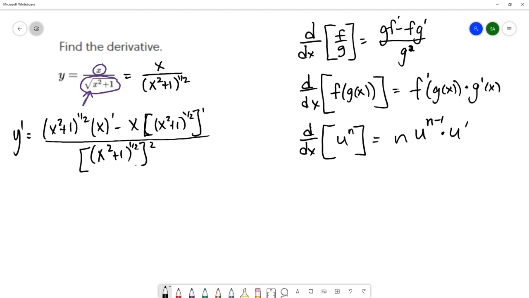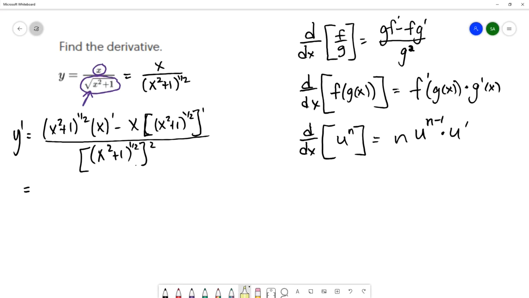So we have x squared plus 1 to the 1/2 power times the derivative of x, minus x times the derivative of x squared plus 1 to the 1/2 power, over x squared plus 1 to the 1/2 power, squared.